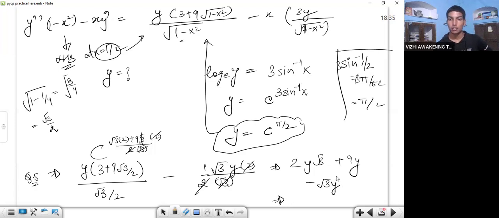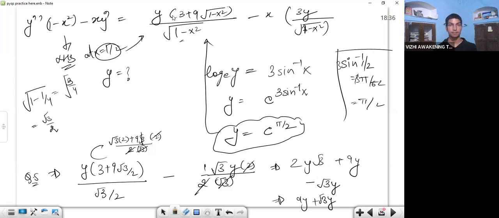So this becomes 9y, plus this becomes root 3 into y. Now let us review our calculation because I'm suspecting there's something wrong. Answer should be 9y only. Y dash into 1 minus x square minus xy dash. Y into 1 minus x square.